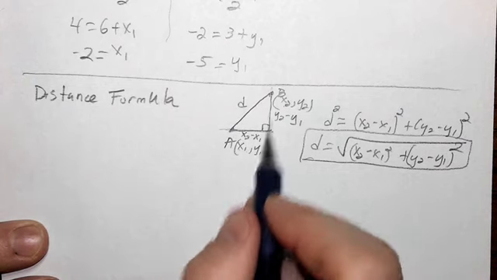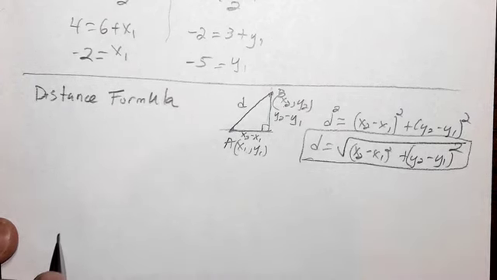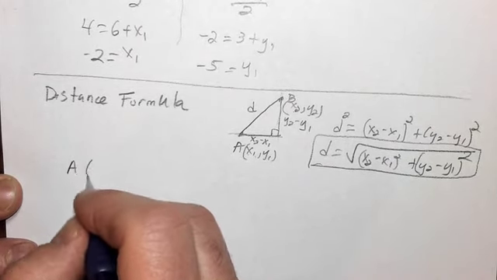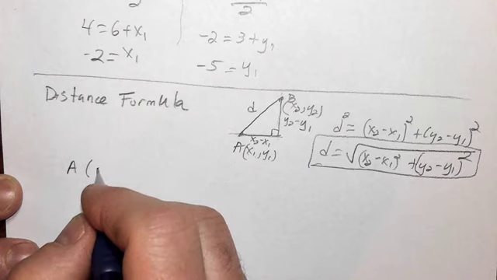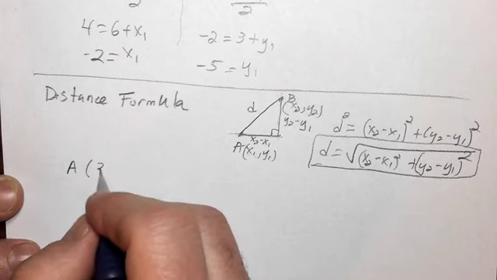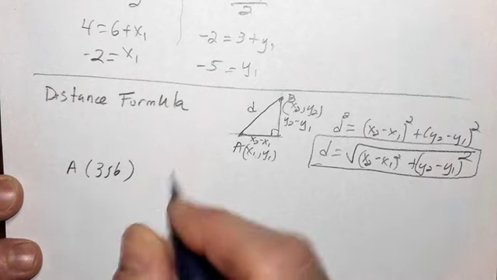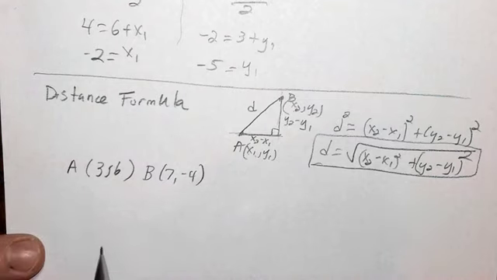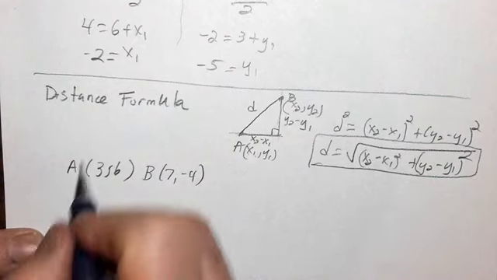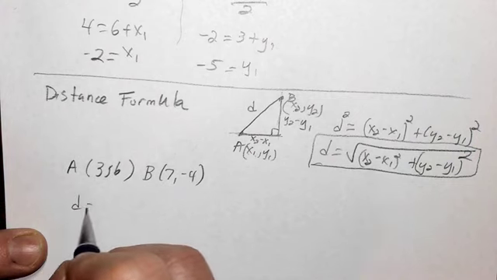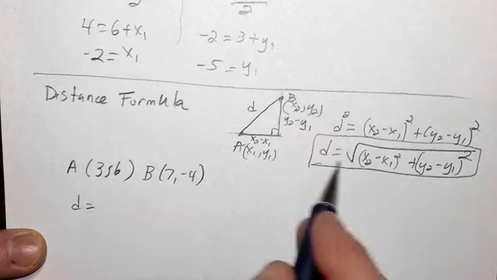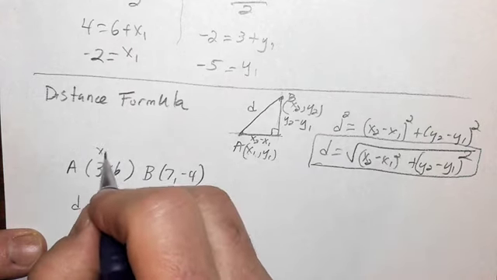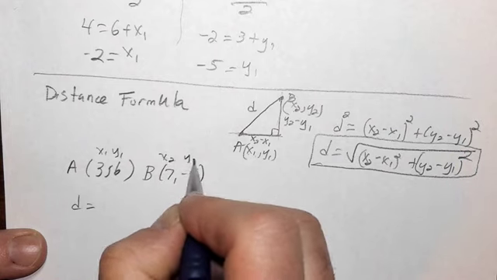Given 2 points x1, y1, x2, y2. So let's look at an example. If I gave you that A was the point 3, 6, and B was the point 7, negative 4, I want to find the distance between those 2 points. So the distance is given by this equation. I'm going to label it x1, y1, x2, y2.